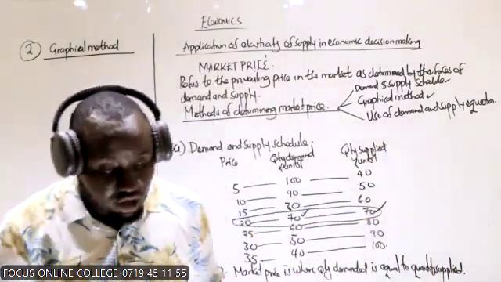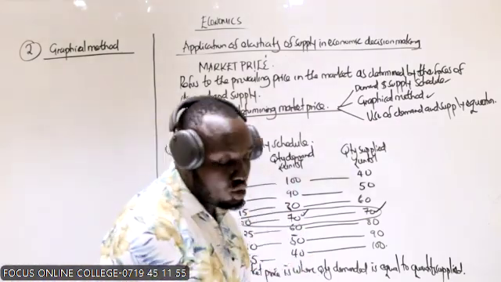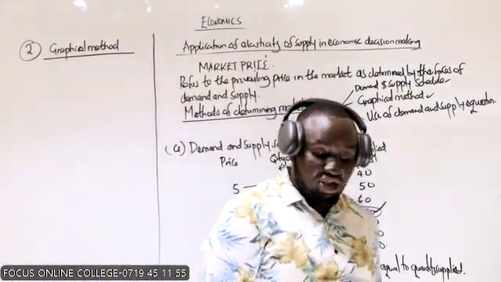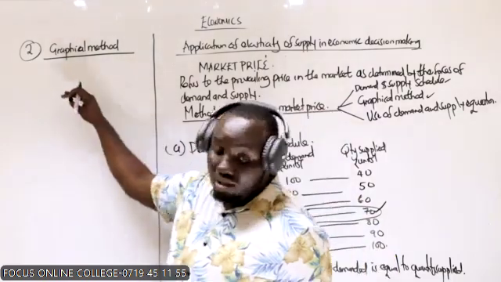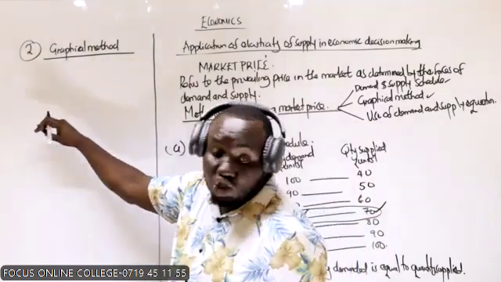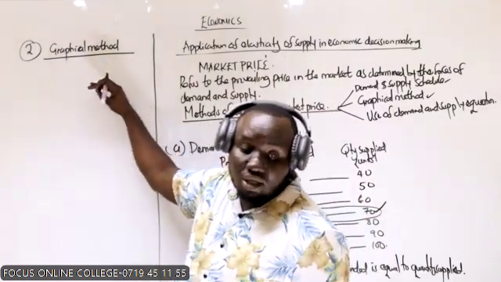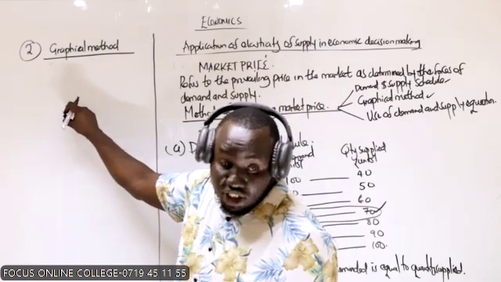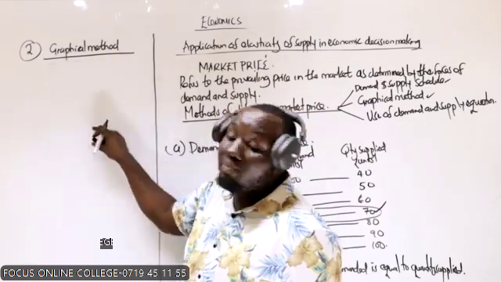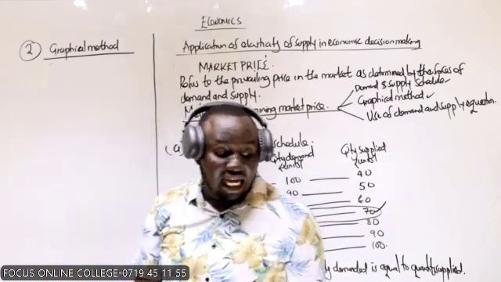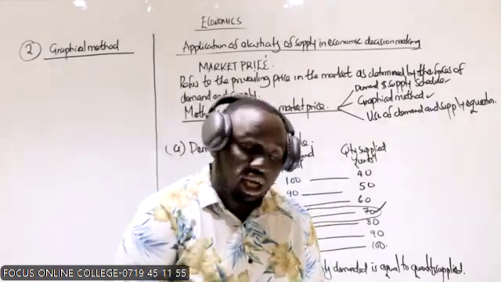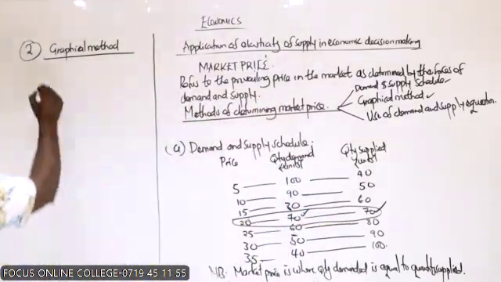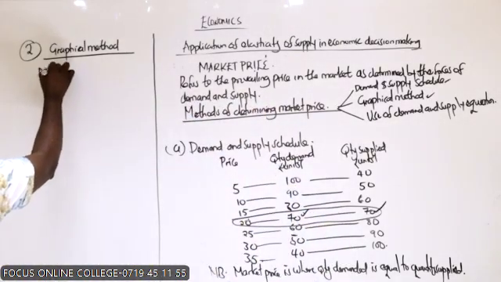On the graph, you plot the demand function and you plot the supply function. At the point where supply and demand meet, those quantities are equal. Are we together? That point is what we call determined.